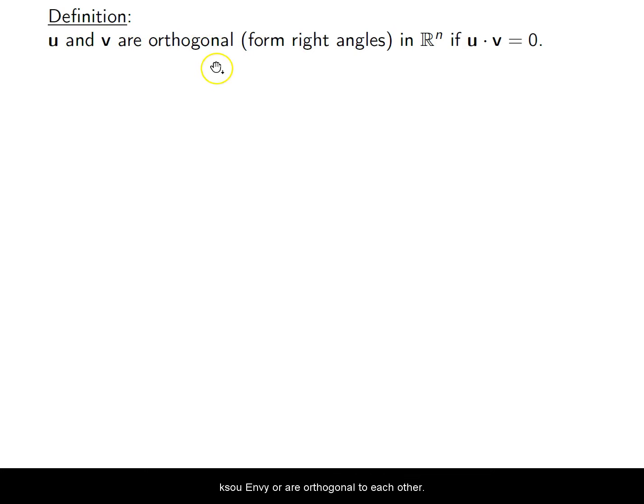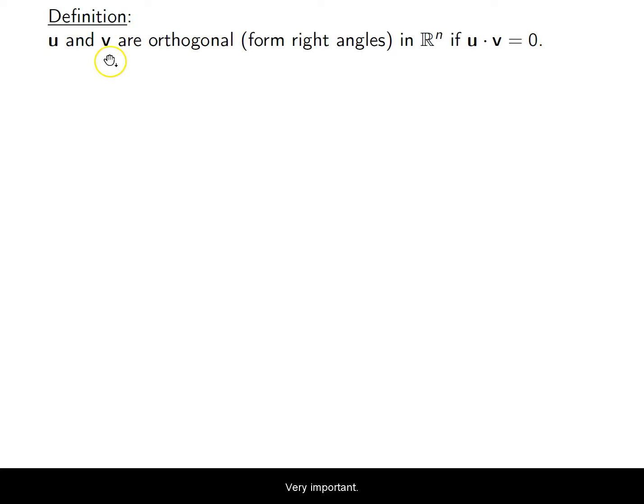So u and v are orthogonal to each other in Rn if the dot product between u and v is equal to 0. This is a very important definition. We are going to use this all the time. You're going to see me use this like 100 times before this video is over.